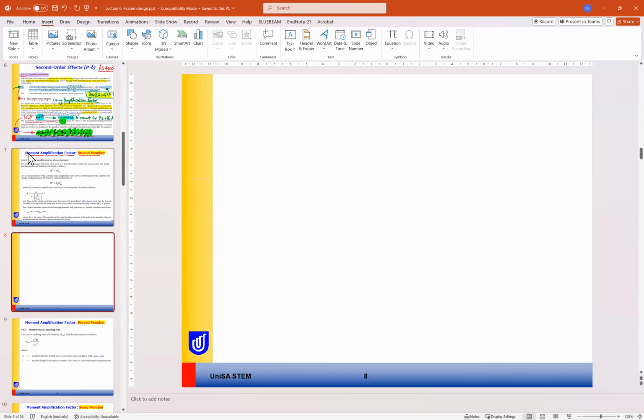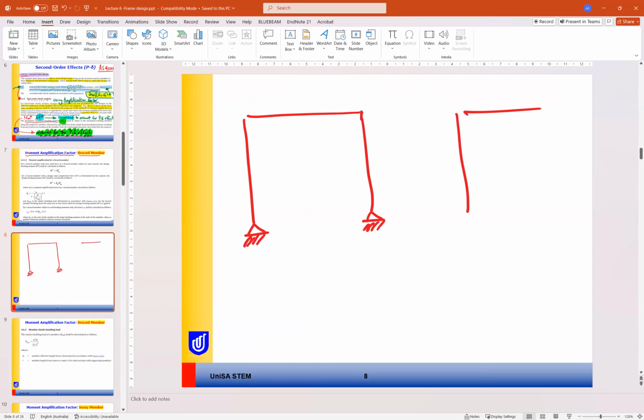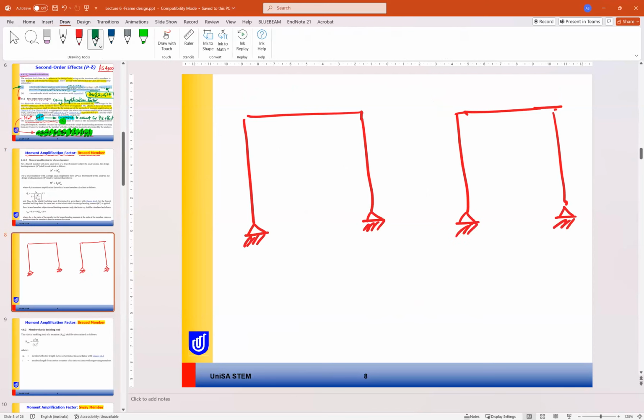If we look at any frame, if this is our frame, if we have two frames like this one, the frames may be under lateral loads and vertical loads, whatever the vertical loads and the lateral loads are. We may have two types of frames or columns. The first one is braced, the second one is sway or unbraced.